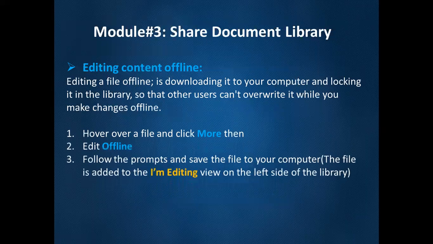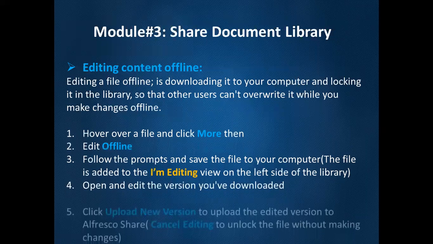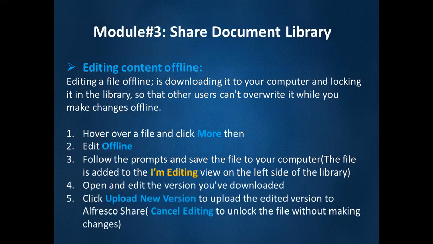Follow the prompt and save the file to your computer. The file is added to the My Editing view on the left side of the library. Open and edit the version you downloaded. Click Upload New Version to upload the edited version to Alfresco Share. Cancel editing to unlock the file without making changes.